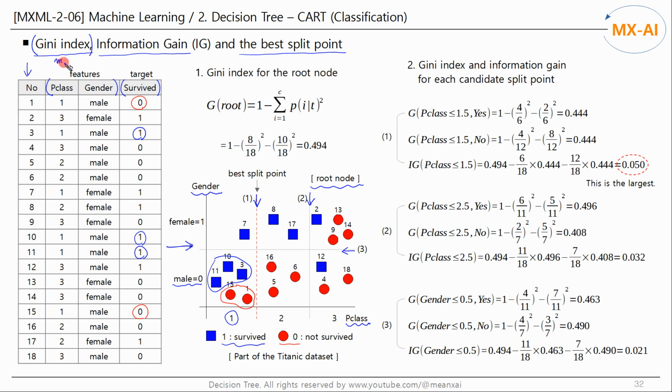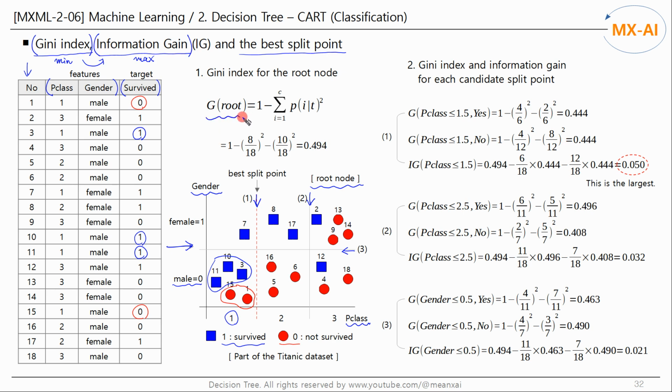The main objective is to minimize the Gini index at each node, resulting in pure child nodes. Alternatively, we can maximize the information gain calculated using the Gini index. Both are the same method. We will use information gain calculated using the Gini index to find the best split point.